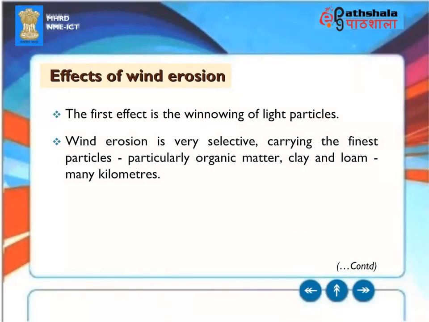Effects of wind erosion. The first effect is the winnowing of light particles. Wind erosion is very selective, carrying the finest particles, particularly organic matter, clay, and loam, many kilometers.